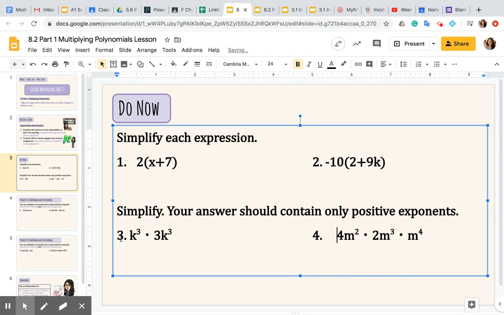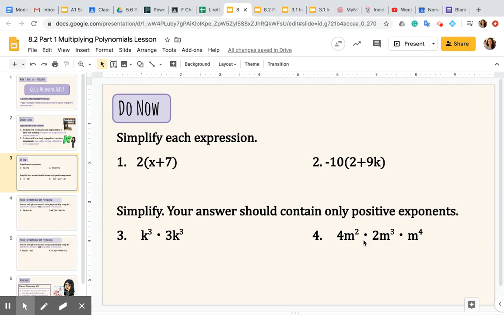There we go. So it's clear to see that this is the question, and then this is where the actual problem starts. For questions 3 and 4, I want you to use properties of exponents. Okay, so two different properties: distributive property, properties of exponents. Go ahead and pause the video and give those a try and see what you get.